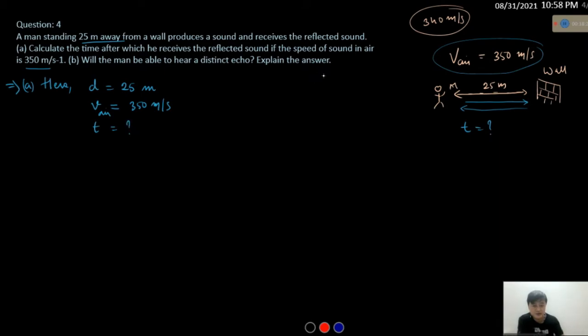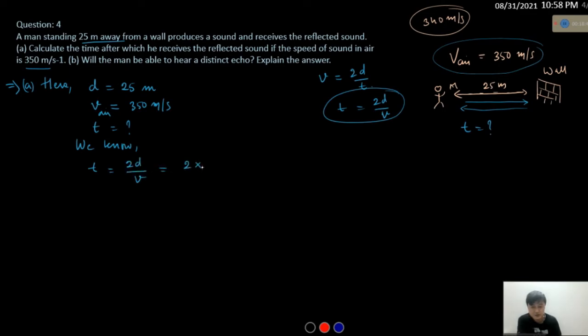We know the formula: velocity of the sound is equal to 2d upon t. Since we have to find t, this will be 2d upon v. So here we use this formula. We know t is equal to 2d upon v.